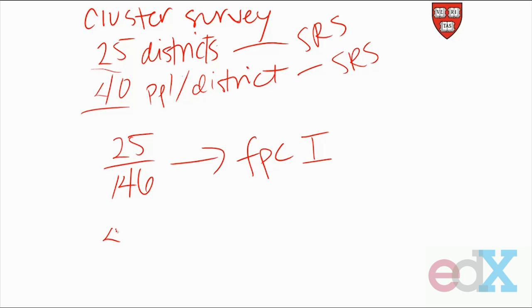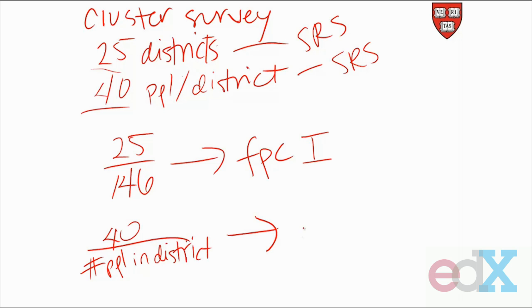At the second stage we're sampling 40 out of however many people live in that district. And we'll call this FPC2. It's our finite population correction at the second stage of sampling. And notice that in our denominator we have the population size in the district, so that's actually going to be different for each district.